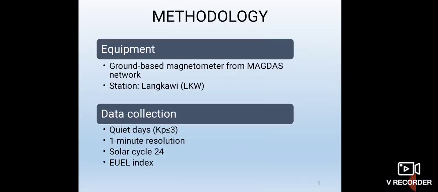For methodology, our equipment is magnetometer by MADAS network from Langkawi Station. In this research, we employed data on quiet days with 1 minute resolution within solar cycle 24. For data processing, we apply EUL index.